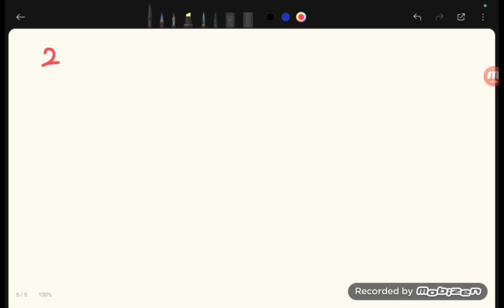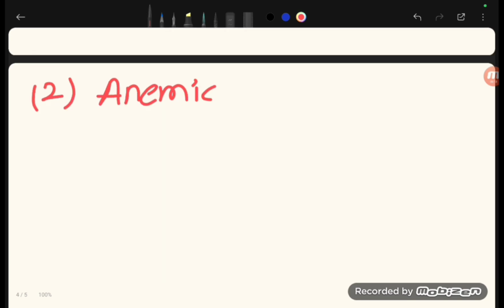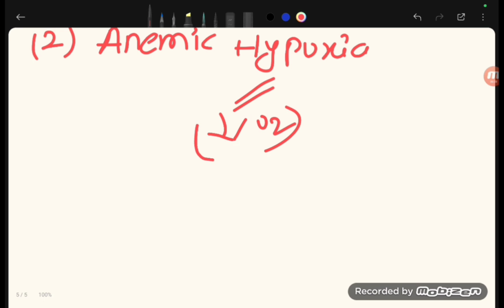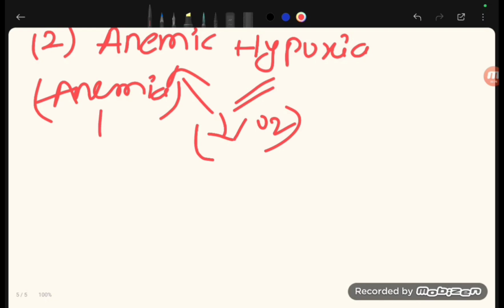The second type is anemic hypoxia. As you know, hypoxia means decreased oxygen supply. The cause is anemia. What is the meaning of anemia? Anemia means decreased blood.